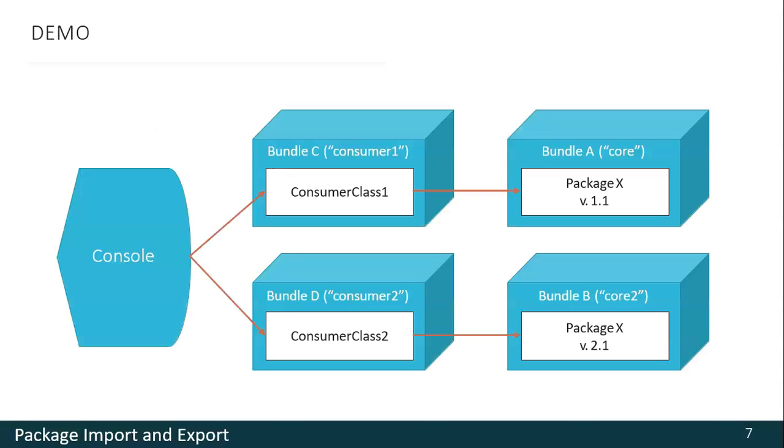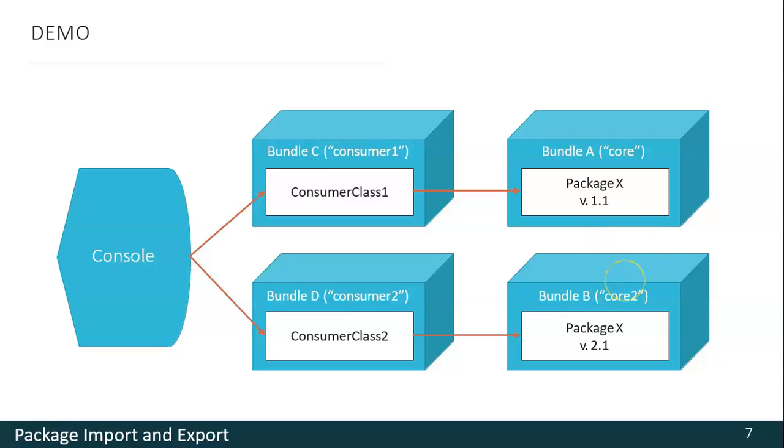For that, we will create four bundles. Their symbolic names will be different, so AEM will treat them all as separate bundles. Bundle A and B, or core and core2, will export the same package, but the version number will be different.